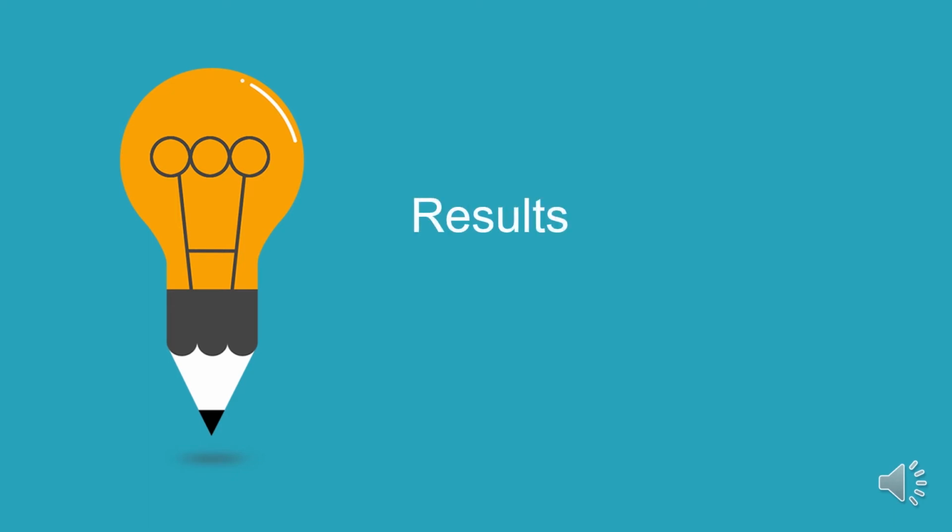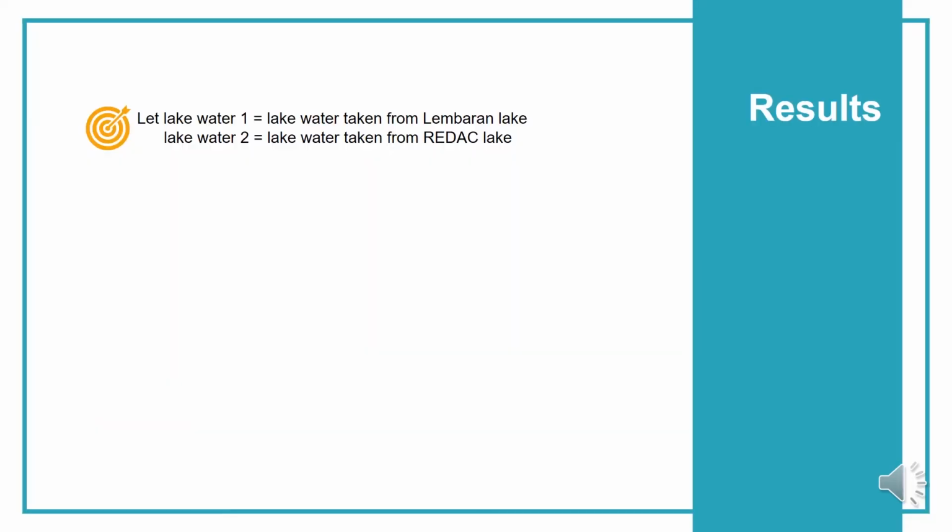First of all, I want to present the result of the chemical oxygen demand, which is COD. So, let lead water 1 be lead water taken from lembaran lead and lead water 2 be lead water taken from redex lead.